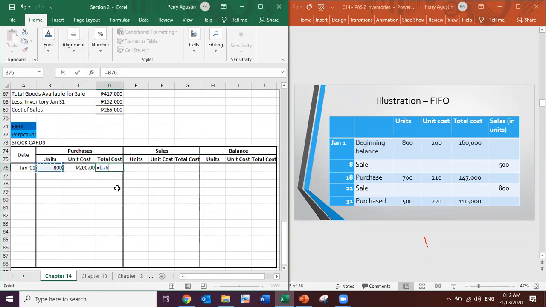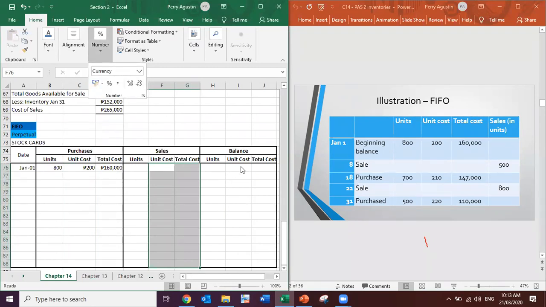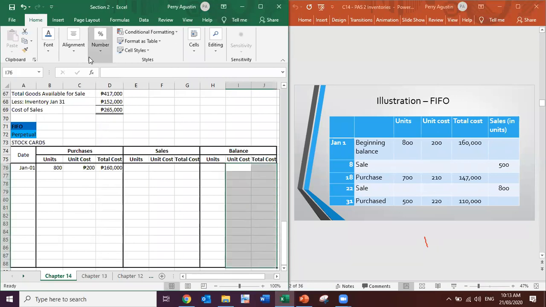We get our total cost by simply multiplying the units to our unit cost. So 800 times 200, oops, that is already too much. There you go. Okay, let's just do the same for the others. All right, so now we have 800.